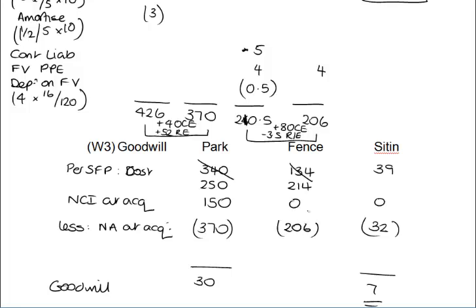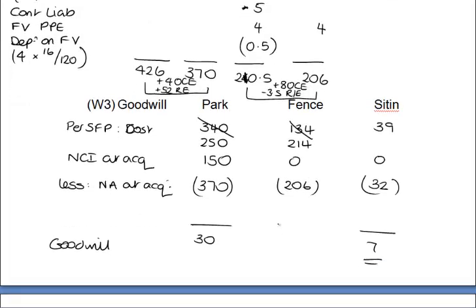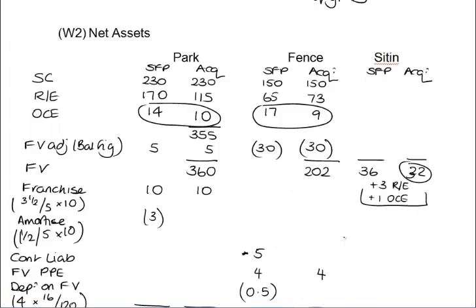Remember, there is no NCI, so we've got a goodwill figure of 8. So goodwill in total adds up to 38. Remember, the goodwill in relation to Sitin disappears because we have sold Sitin. So we've got a goodwill total of 38, which I'm going to take to my group SFP.